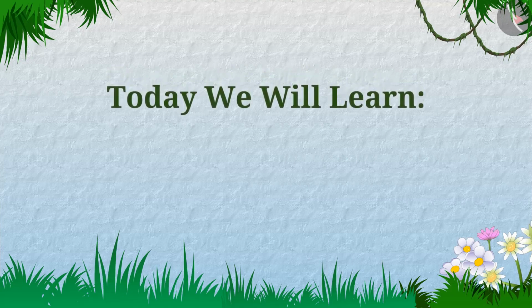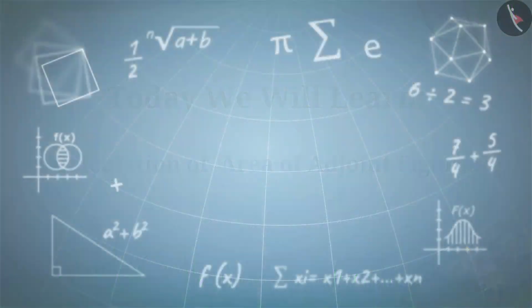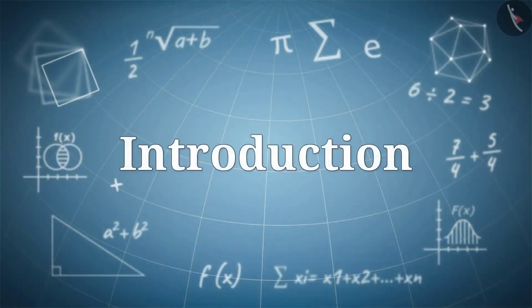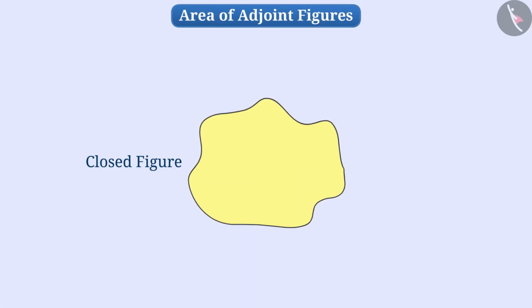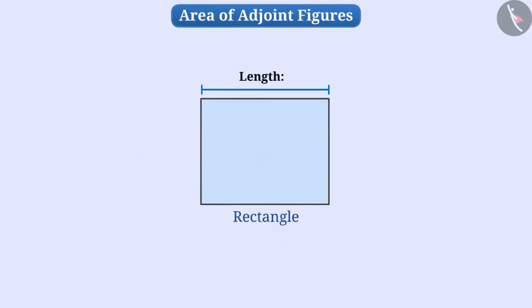Today we will learn calculation of area of adjoint figures. The amount of surface enclosed by a closed figure is called its area. Look at this rectangle. The length of this rectangle is 5 cm and breadth is 4 cm.